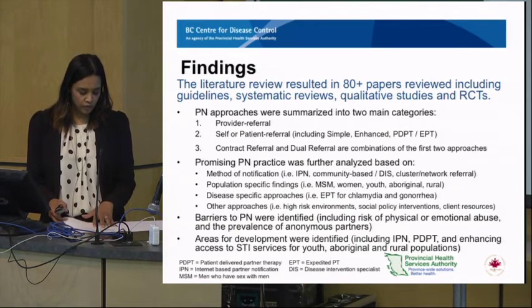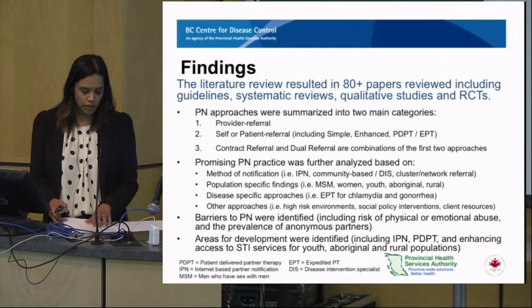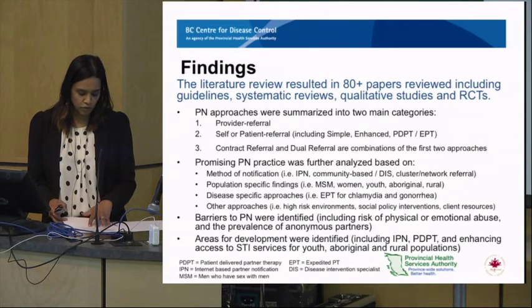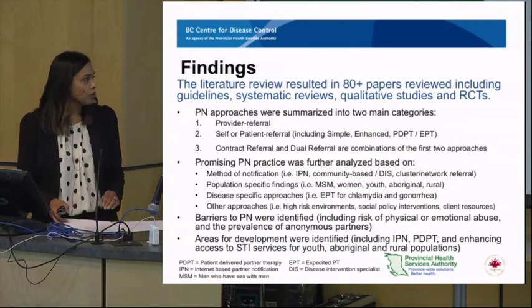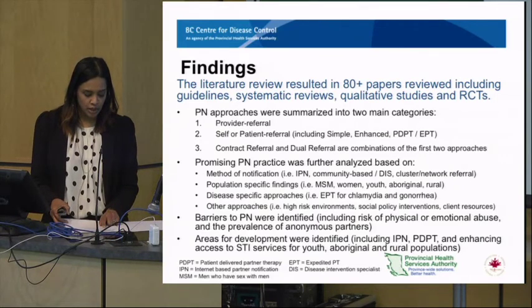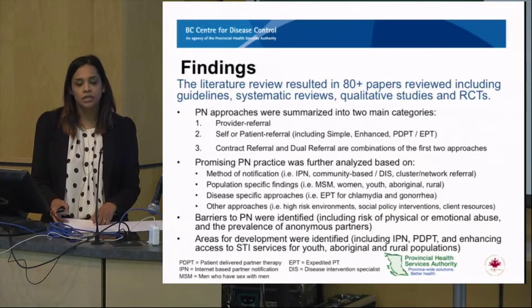I also found barriers to partner notification, including risk of physical or emotional abuse and the prevalence of anonymous partners, which is a problem for partner notification. The areas for development I found were partner notification using the internet, and patient-delivered partner therapy.